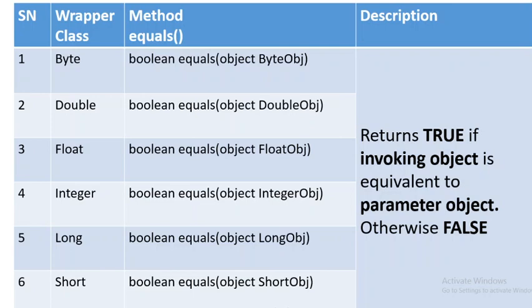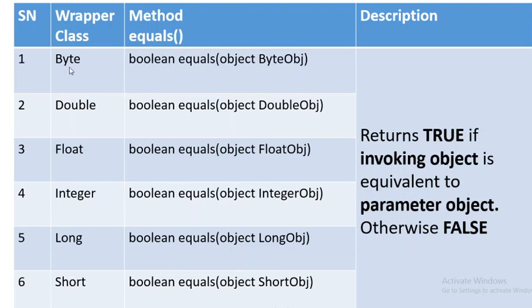If both of these objects are of the same type, having the same value, the return value will be true. If these are different, the return value will be false. So the description is: returns true if the invoking object, that means the object which is calling the method, is equivalent to the parameter object, otherwise it is false.